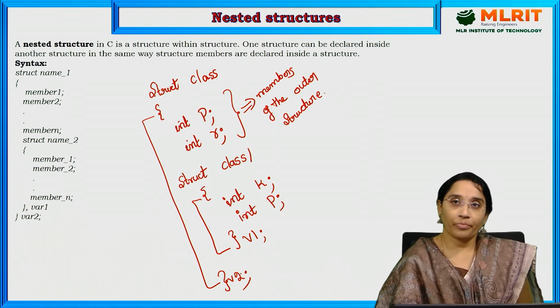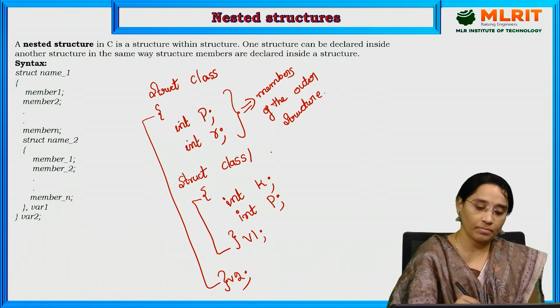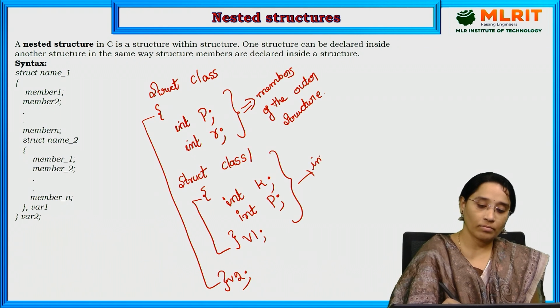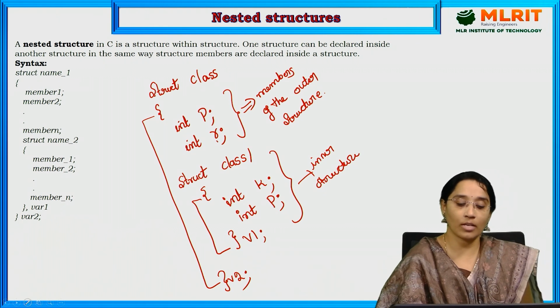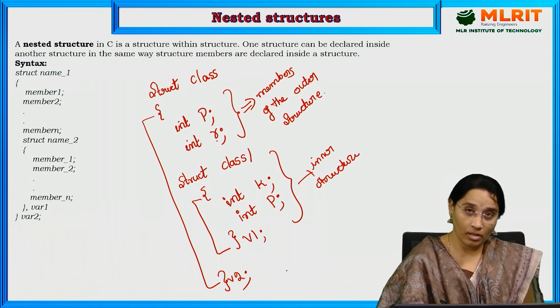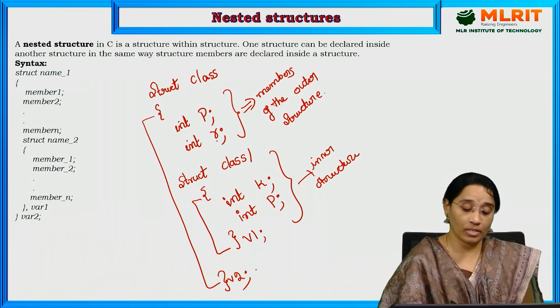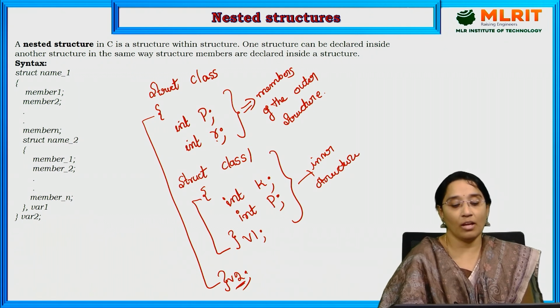Now if you want to access the members of the inner structure, this is the inner structure, and this is your outer structure. V2 is the variable that represents the outer structure, and V1 is the variable that represents the inner structure members.